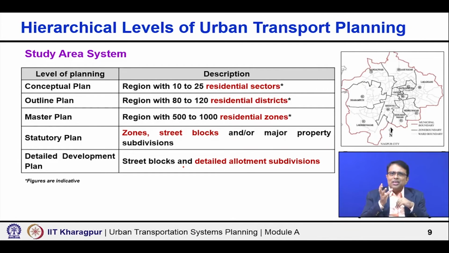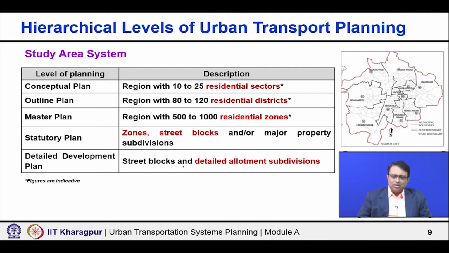So, districts are geographically smaller units. Obviously, we are going to a much more detailed level, and when you come to residential zones, the same region may have 500 to 1000 residential zones. So, you can understand very clearly that the residential zones are further smaller.